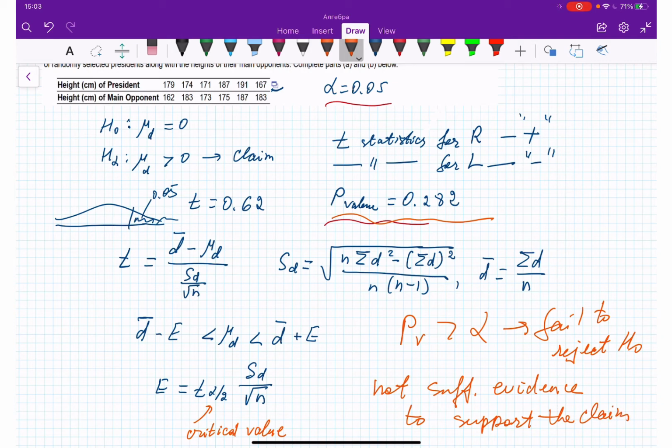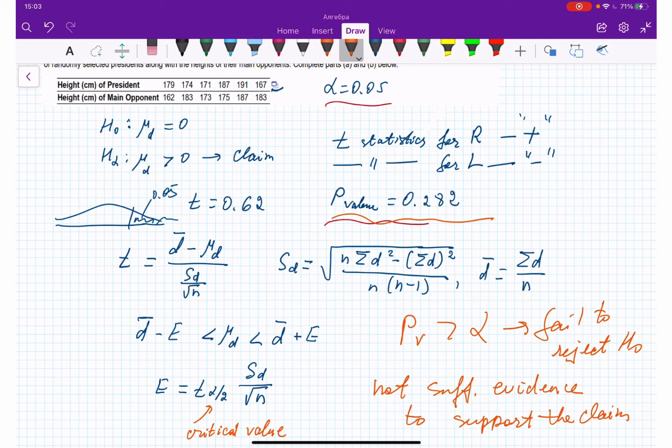The rest of the questions, starting from question B, and actually the test statistic also, I'm going to show you on StatCrunch, no matter how much I was avoiding using StatCrunch.